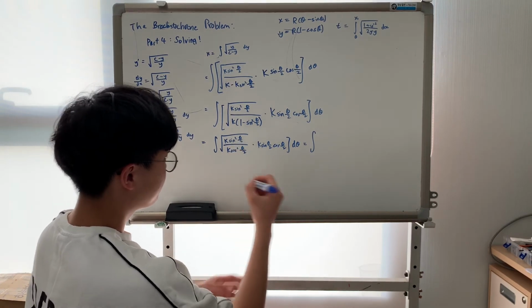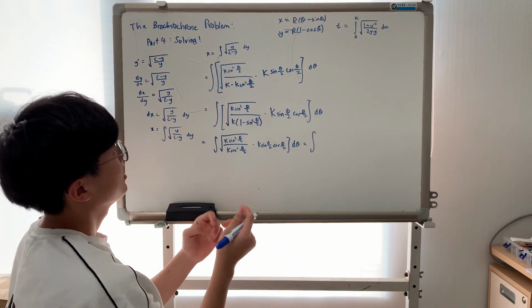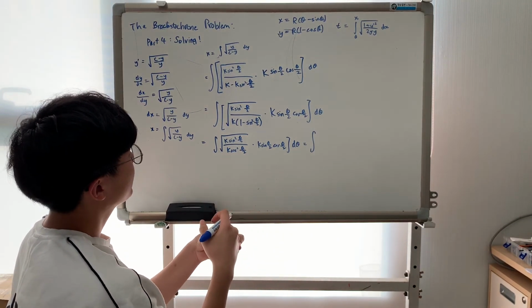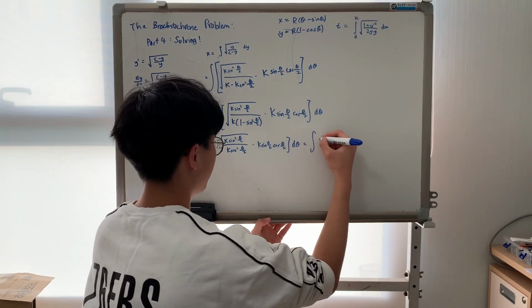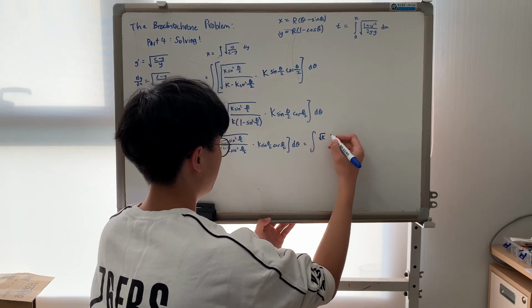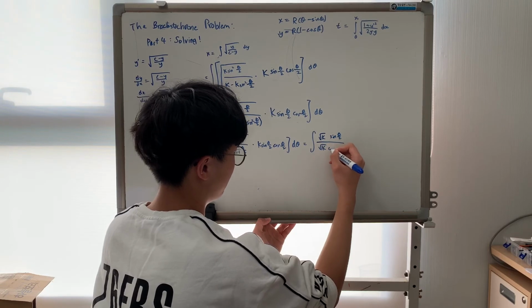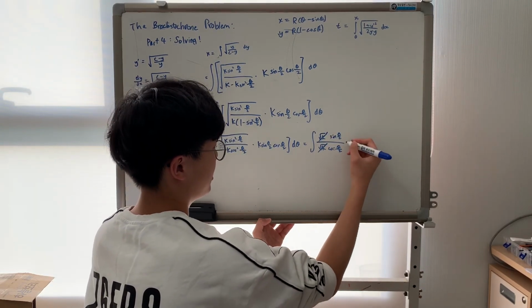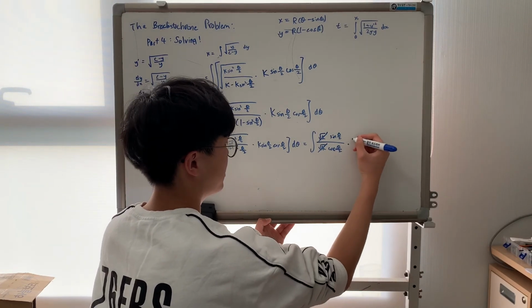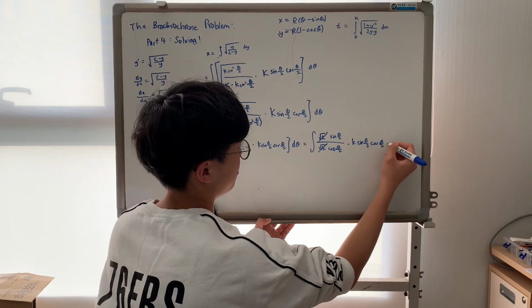now we can eliminate the root signs, and we get something that looks like this. So square root of k sine theta over 2 over square root of k cosine theta over 2, and these could cancel out, times k sine of theta over 2 cosine of theta over 2 d theta.